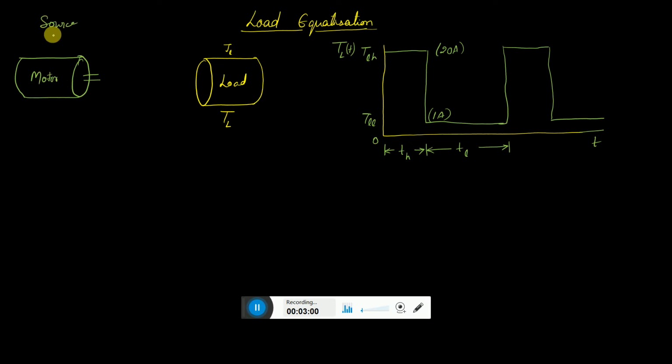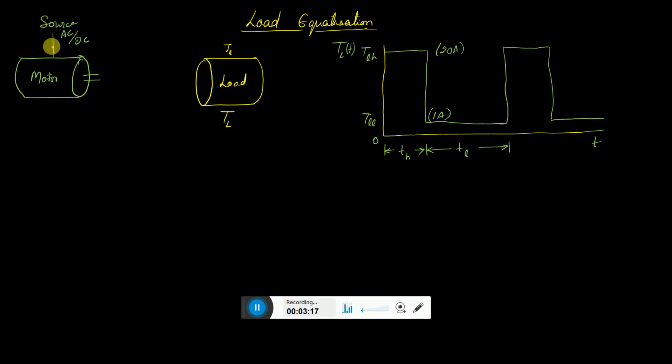If it draws the current from the source, let us say from AC, it is converted into DC, and that DC supply is given here. Suddenly the requirement is 20 ampere, then the requirement is 1, then again 20.